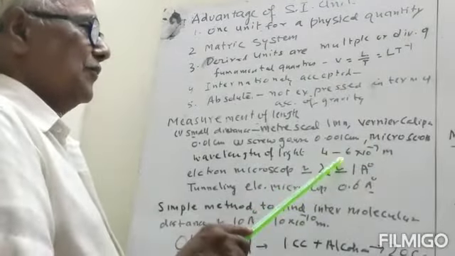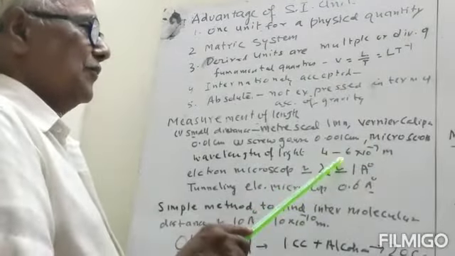Now if we want to measure a distance less than this, then it cannot be done by any optical method. Then we will use an electron microscope. As we will study in class 12, the electron is a particle, but when an electron is moving, it behaves as a wave, and the wavelength of the electron will be of the order of 1 angstrom.